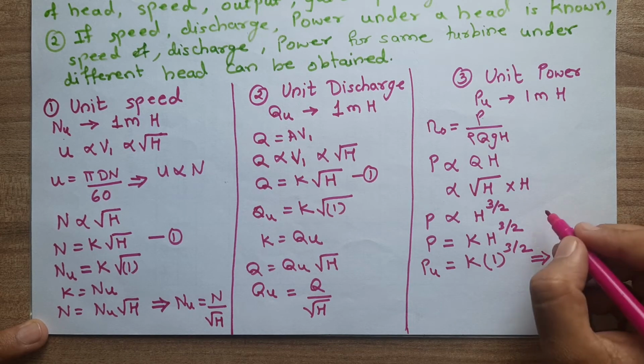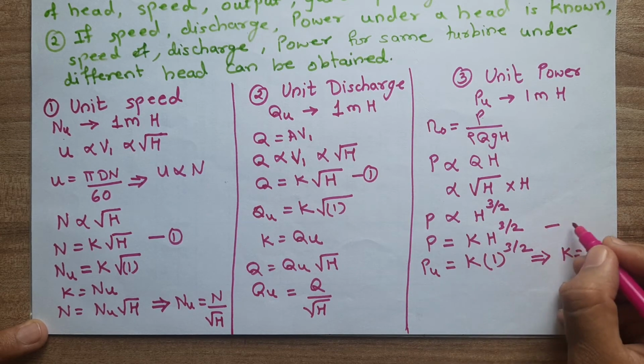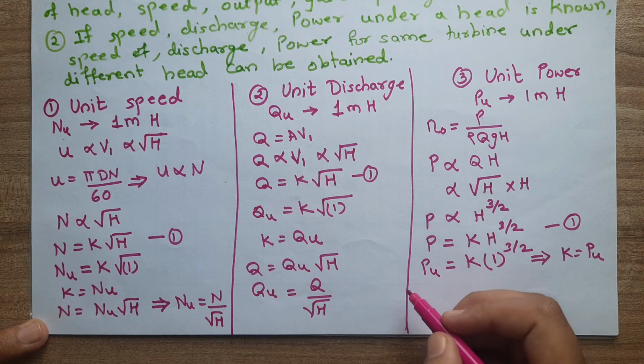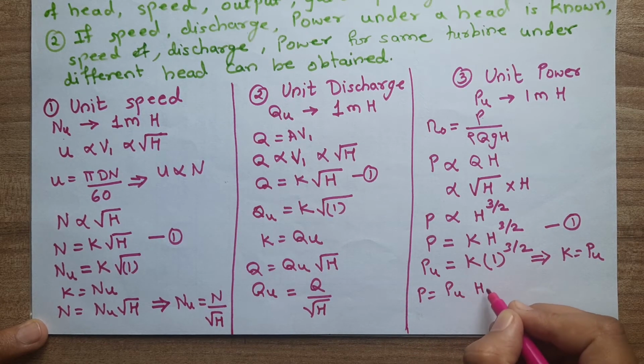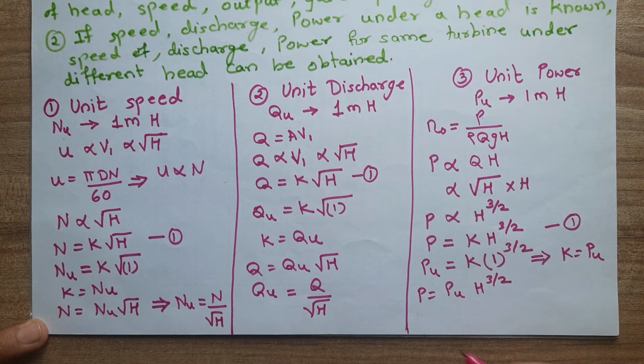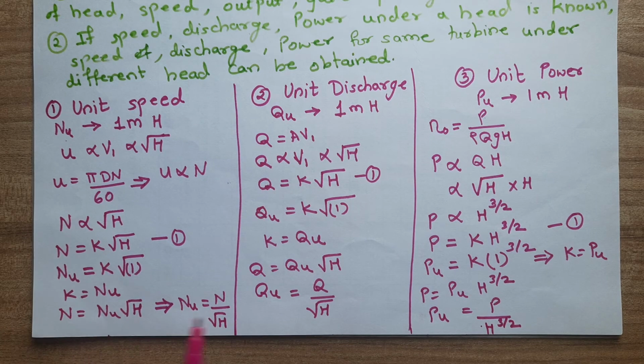Now put this value in equation number 1, and we will get P is equal to PU H raised to 3 by 2, or we can write it as PU is equal to P upon H raised to 3 by 2.